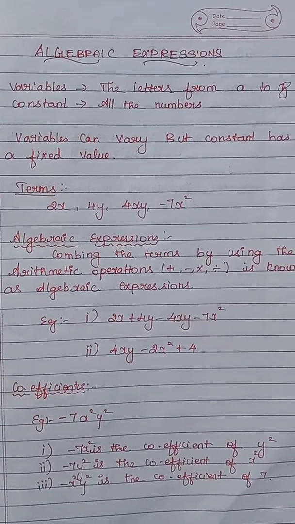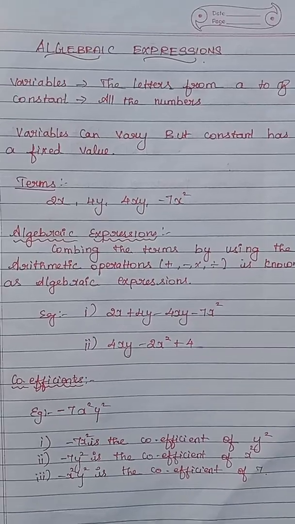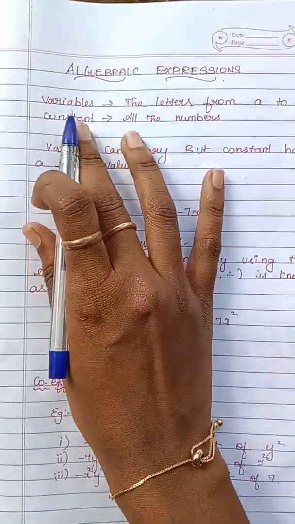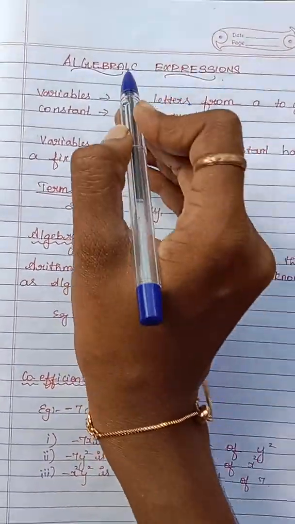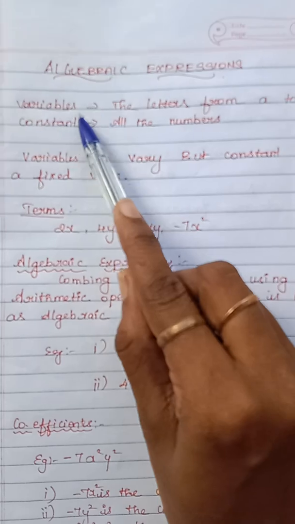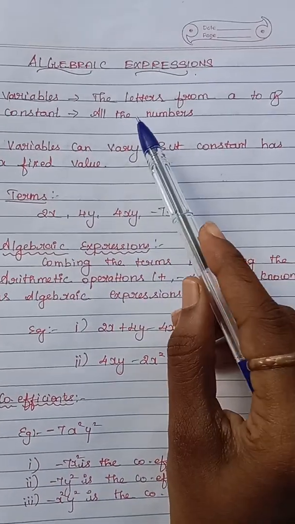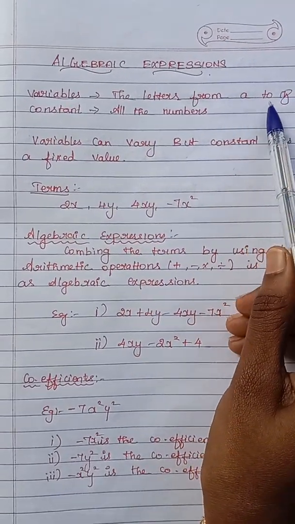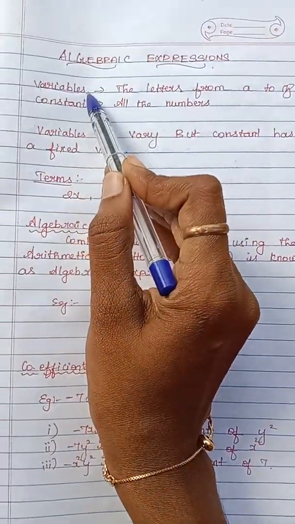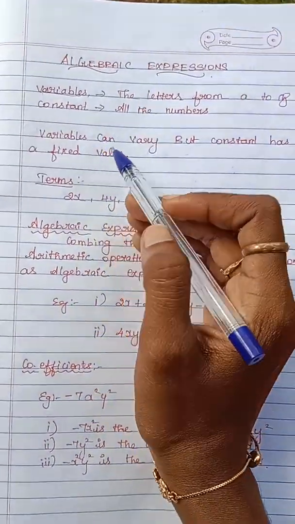Today we are going to start a new chapter, that is algebraic expression. Algebraic expression is built on variables. You know what a variable is, no? A variable is nothing but the letters from A to Z; all the alphabets come under variables.